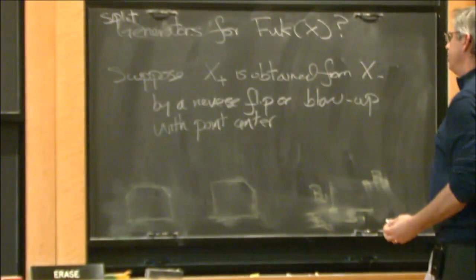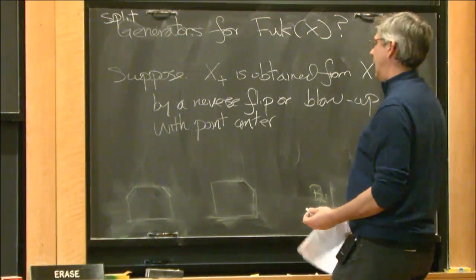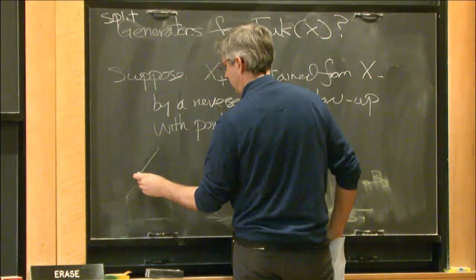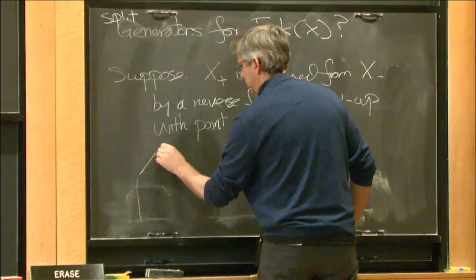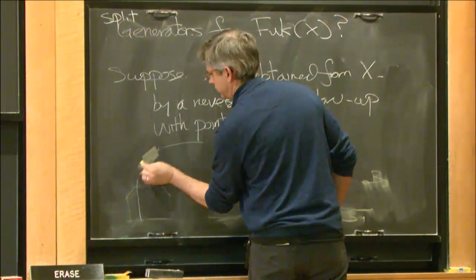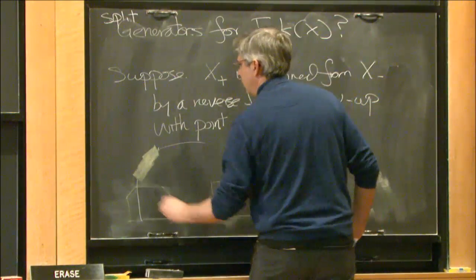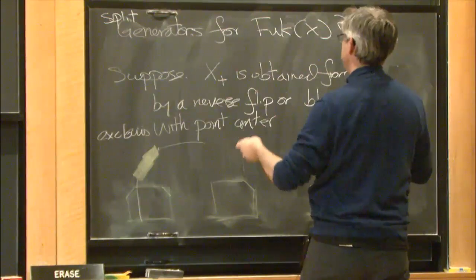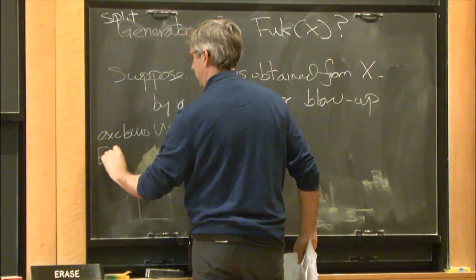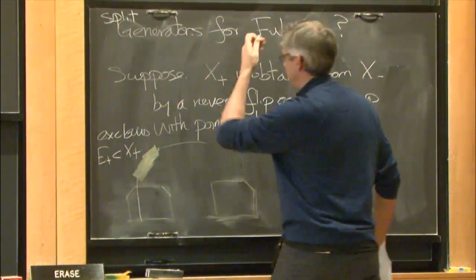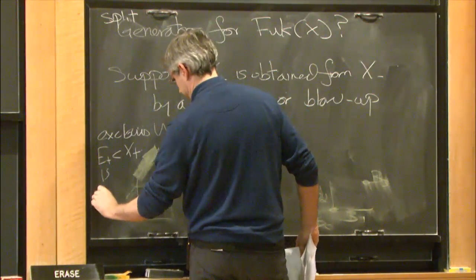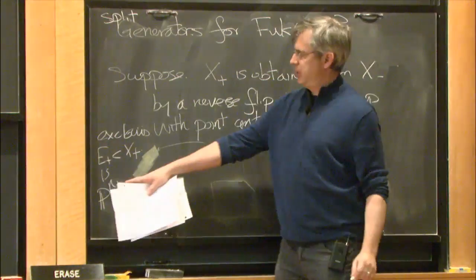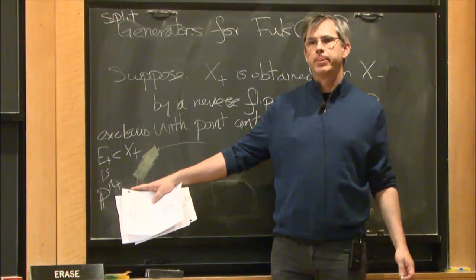So then what is it? Then you have some exceptional locus, E plus, sitting inside X plus, and this is just some projective space, P^n plus. So inside P^n plus, you just have the Clifford torus.